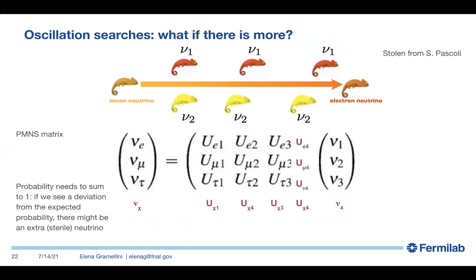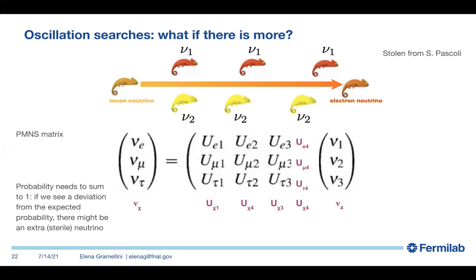When we are searching for sterile neutrinos, we're actually searching for a fourth neutrino. Sterile neutrinos are neutrinos that don't interact with matter in the same way that nu e, nu mu, and nu tau interact with matter.